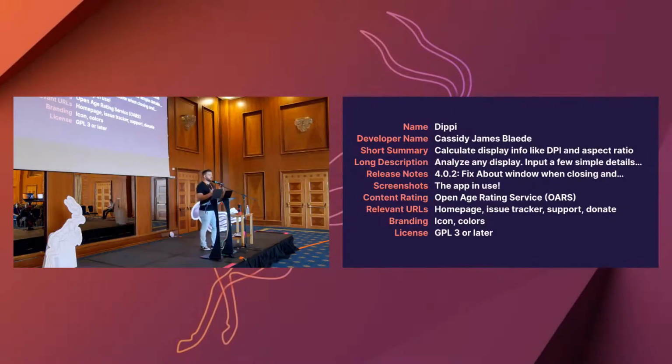Or it can do things like this app might have violence. So if somebody has PTSD and is triggered by violence, they can filter the app store to avoid those types of apps. So it's really important to provide that content rating as well.